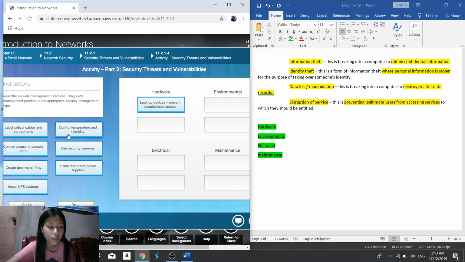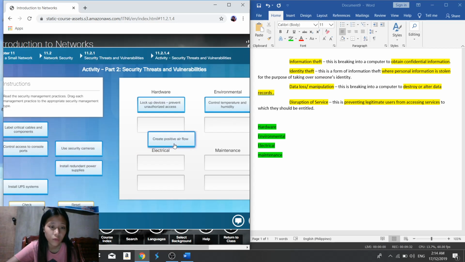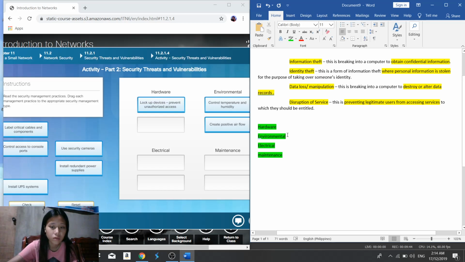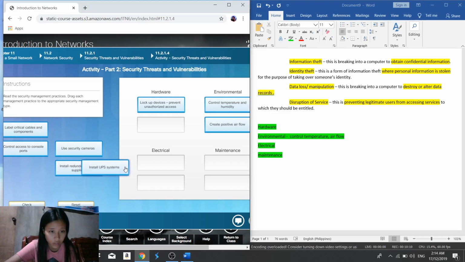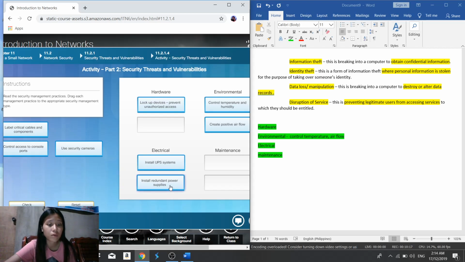Control temperature and humidity is environmental, and create positive airflow, from the word itself, airflow, is also environmental. For electrical, install a UPS system and install redundant power supplies.